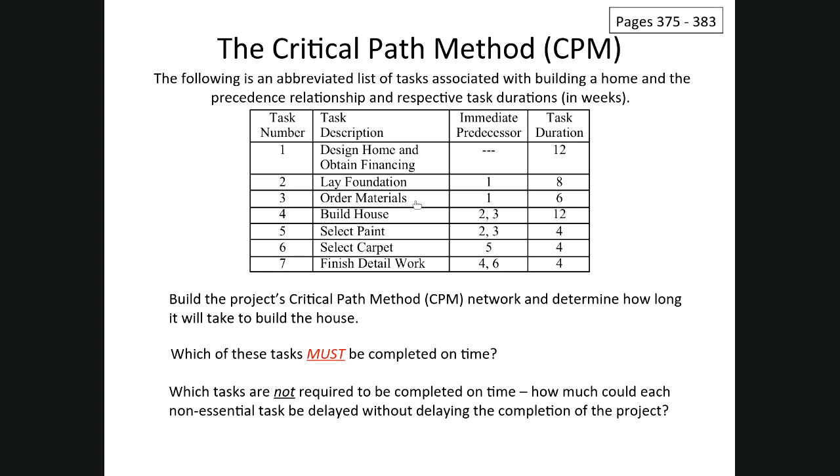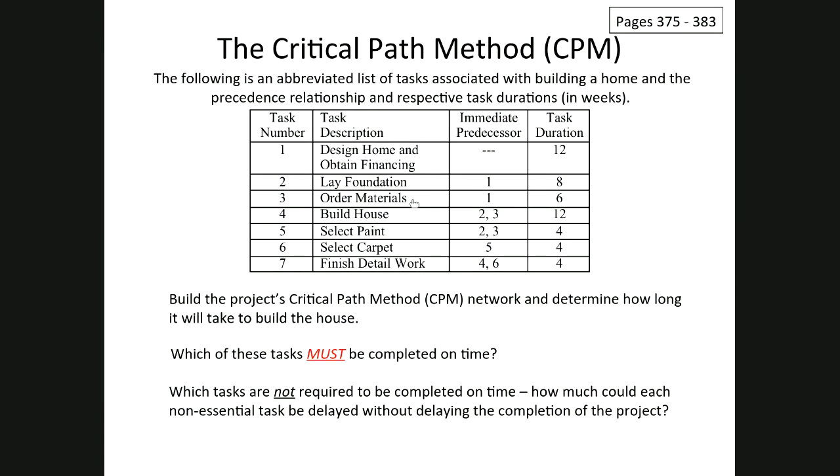And the same thing is, once you begin to lay the foundation, you can order the materials, but that has to occur after the home is designed and the financing is in hand. So what we say is task 2 is preceded by task 1, and task 3 is preceded by task 1. If you'll see, these two tasks, 2 and 3, can occur simultaneously.